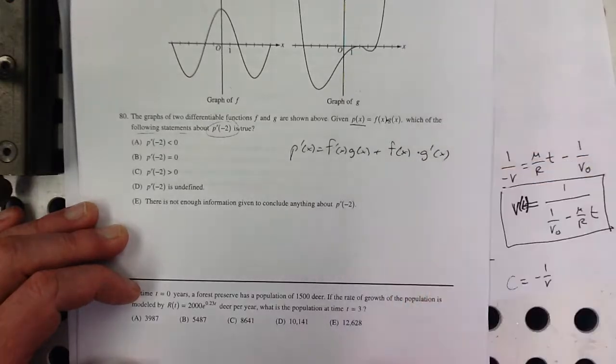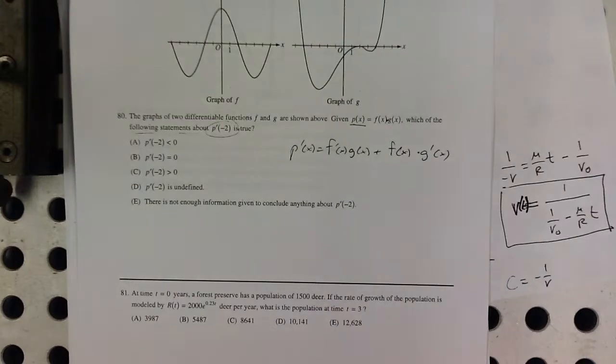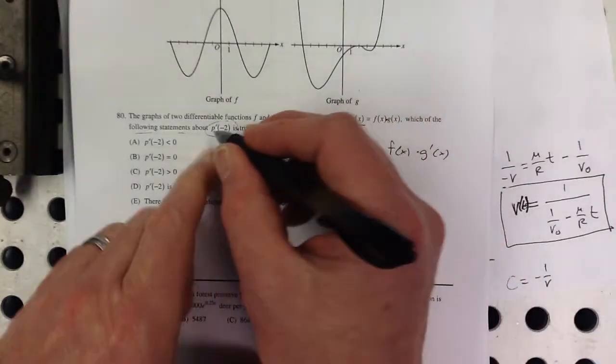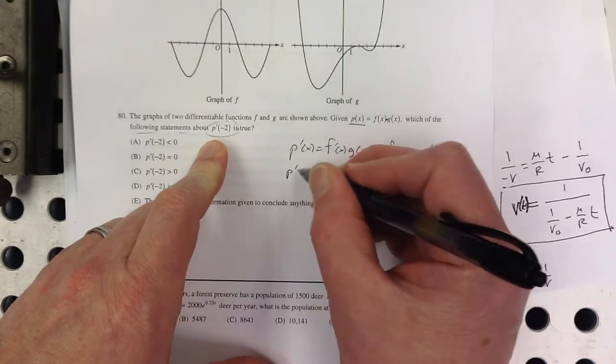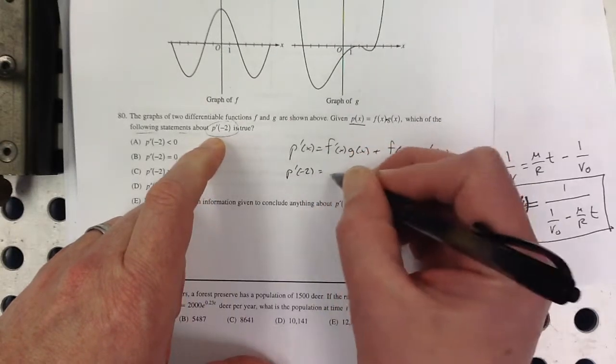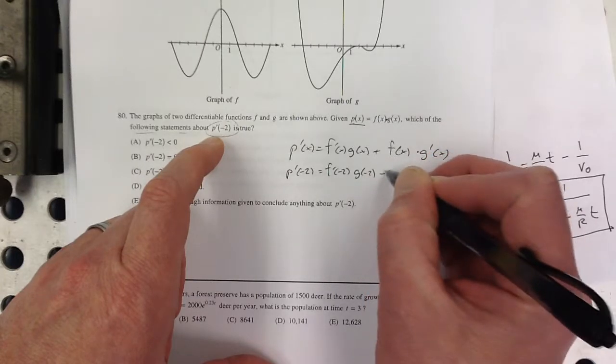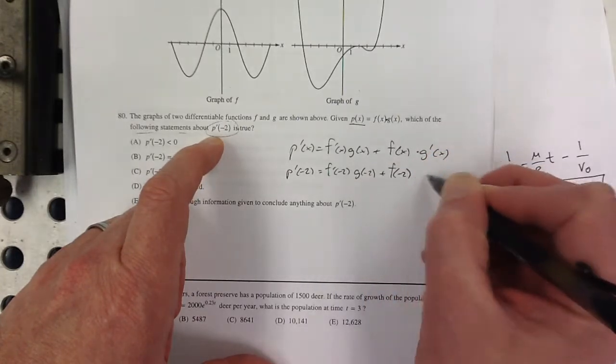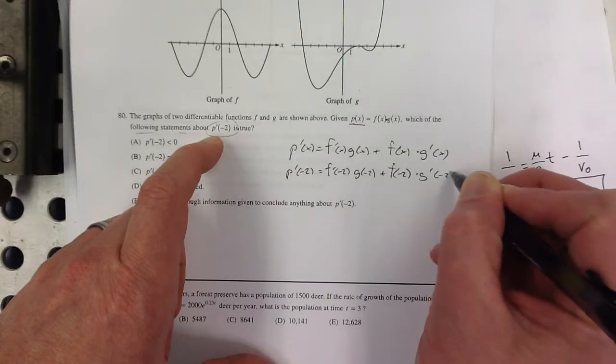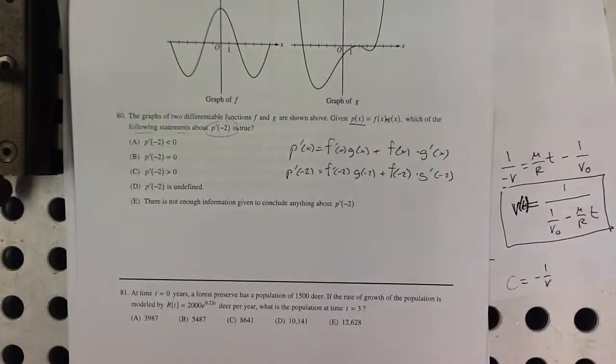They take turns being derivatives. That is the product rule. So, if you want to know what p prime of negative 2 is, that's f prime of negative 2 times g of negative 2 plus f of negative 2 times g prime of negative 2. So let's see what we can find out about those from the graph.